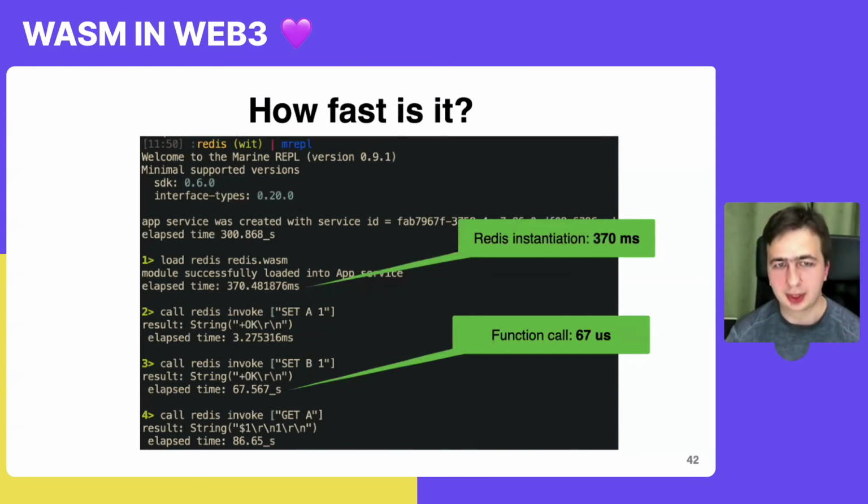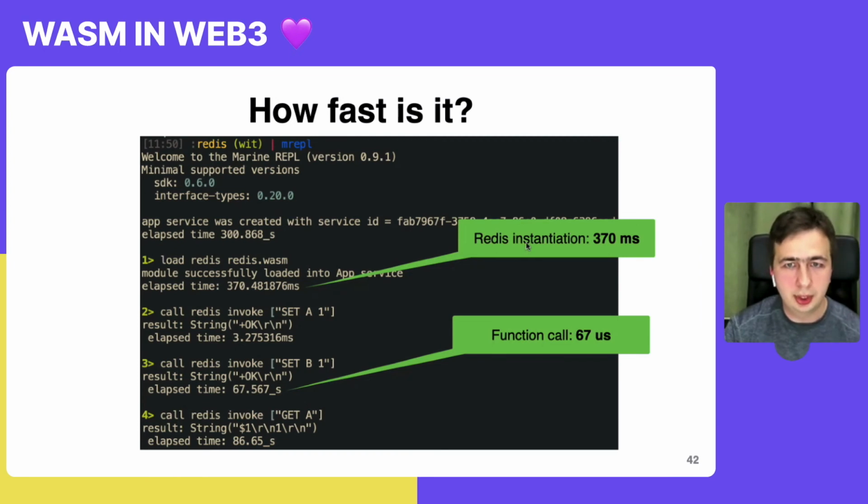Okay, how fast is it? Like with SQLite, we also supported Redis. Redis is also accessible in our network, and you can use it as a building block of services. And here you can see some numbers. For example, Redis instantiation takes about half a second.